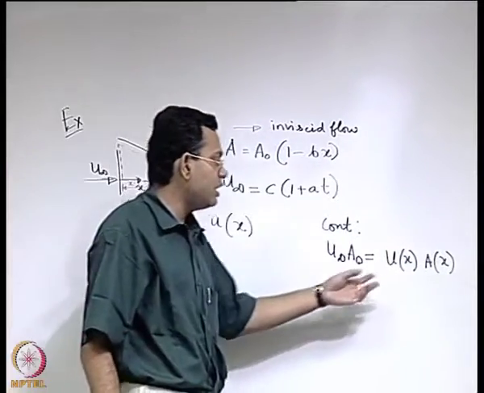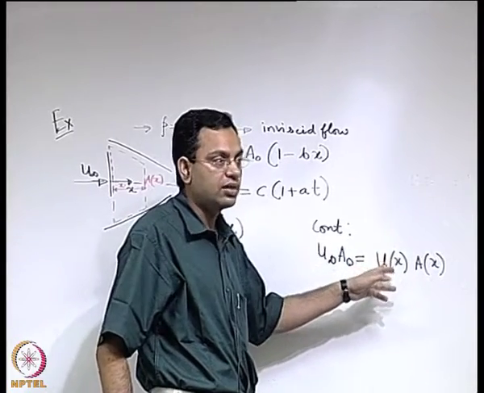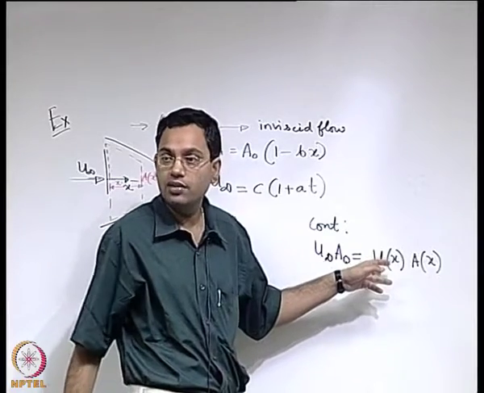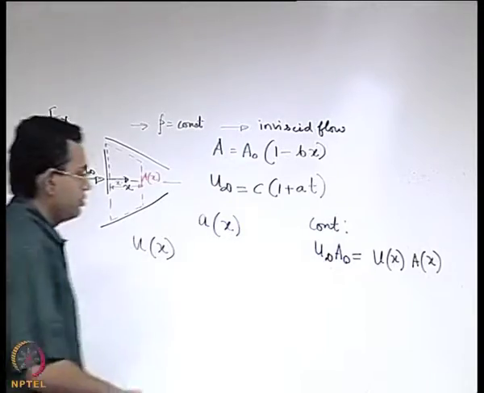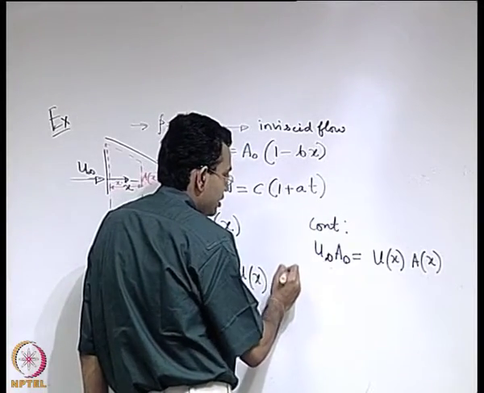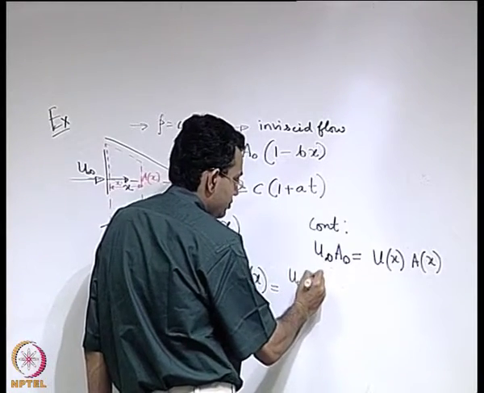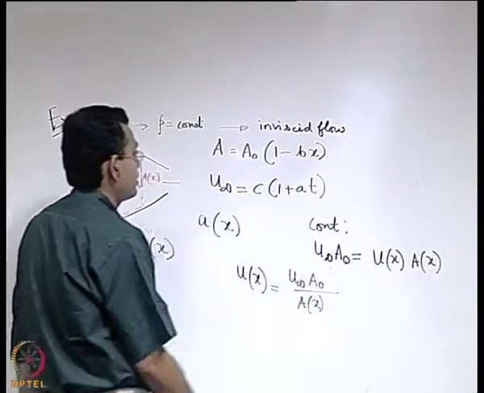As we discussed earlier, this u should have ideally been the average velocity at that cross section, but because it is uniform, it is same as at the center line, there is no difference. So, you can find out what is u at x, that is u infinity A naught by A at x.